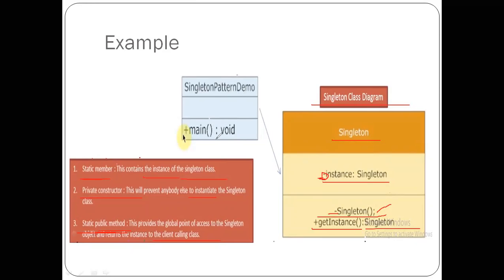Through this main class, the client is going to access the singleton getInstance method here. He is going to call Singleton.getInstance. This is the client part.